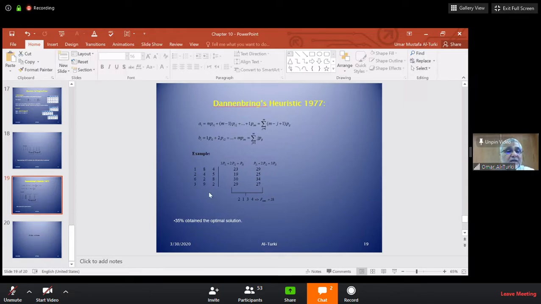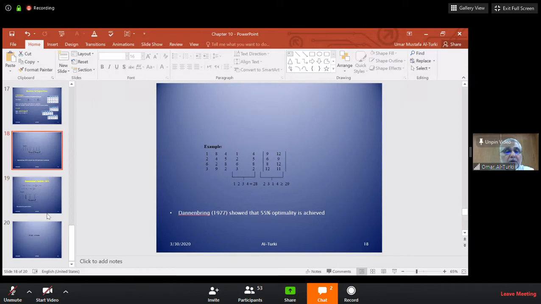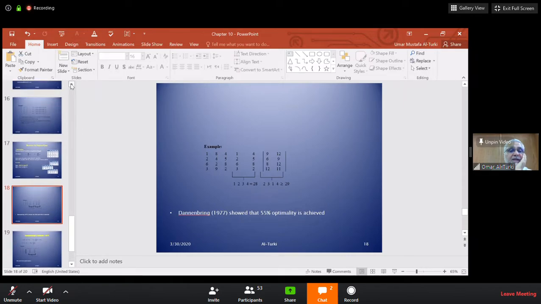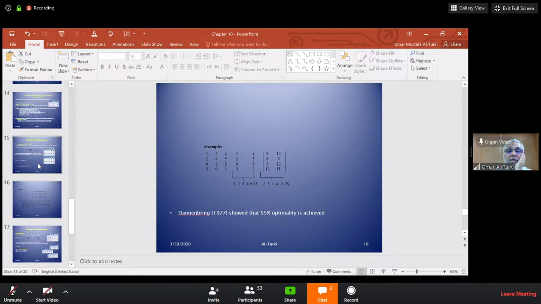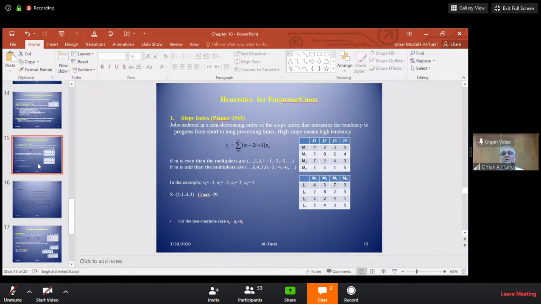Now, how good are these? How do we compare these solutions from each other? Usually these are done by experimentation. By the way, this is one good project if you are looking for a project.